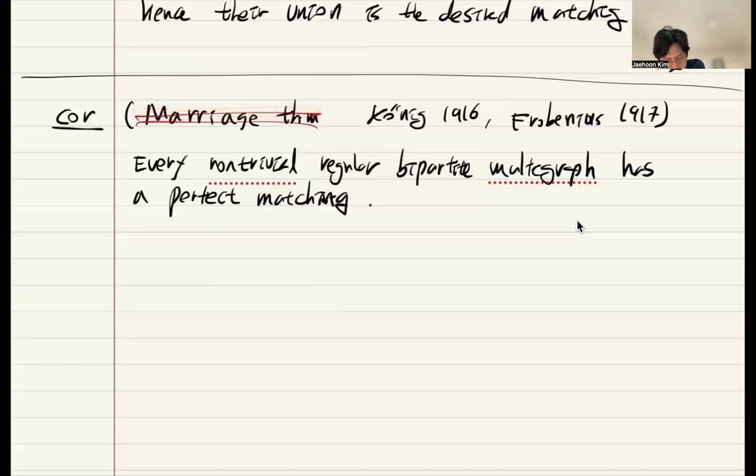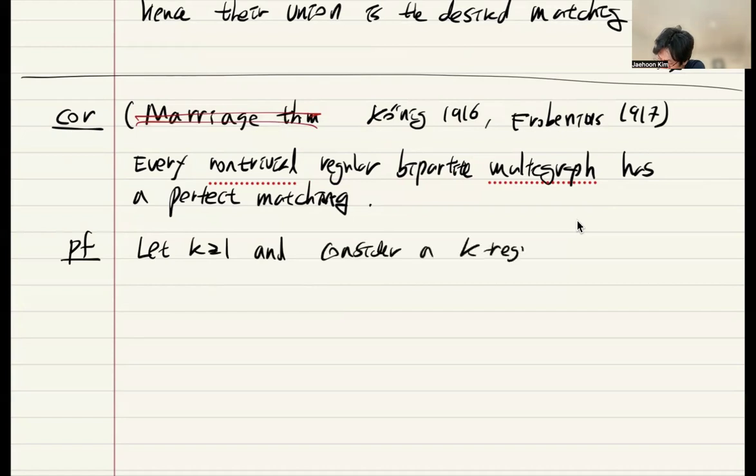But anyway, this theorem can be proved using Hall's theorem. So let's say k is at least 1, and we consider a k-regular XY bigraph, a bipartite multigraph.